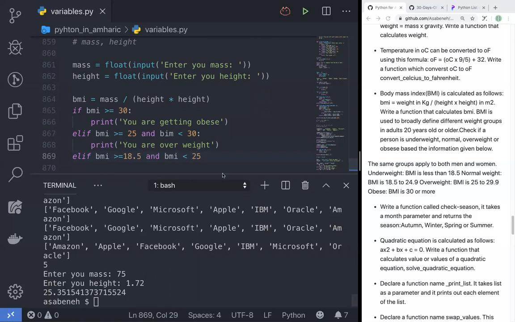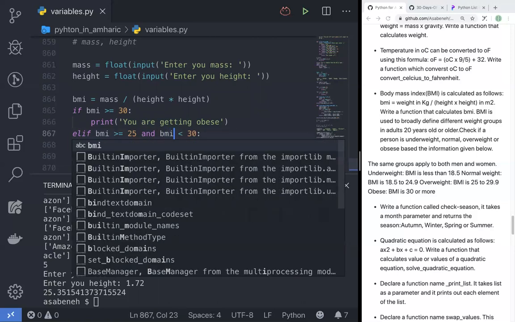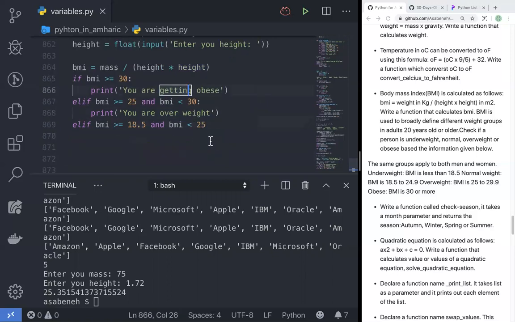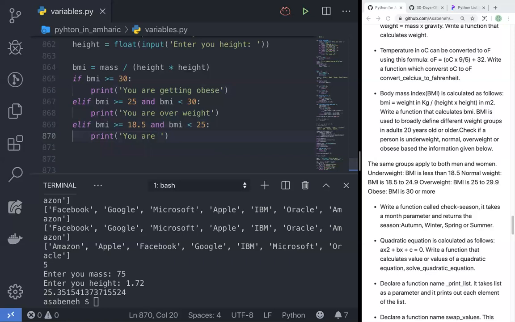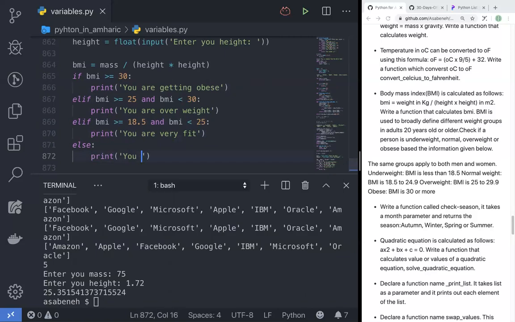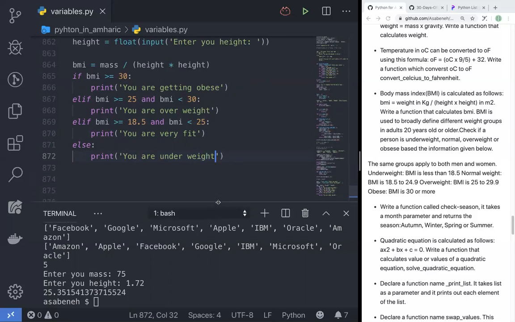Yes, 25. Then we may say print you are very fit, right? Is that normal weight? Normal weight. Very fit. Okay, good. Else, print you are underweight. Let's try this.